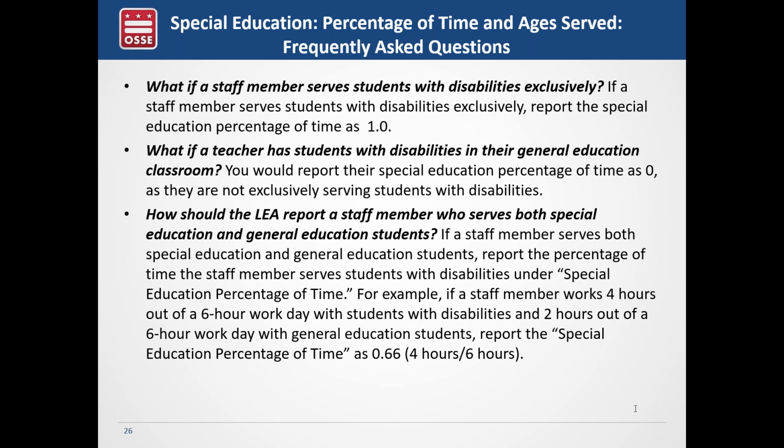So they're an elementary teacher, as an example, and then you would just split up that FTE, or how much of their time as a special education teacher is the 0.5, or, you know, this example here is a 0.66. So whatever the case may be for that individual.